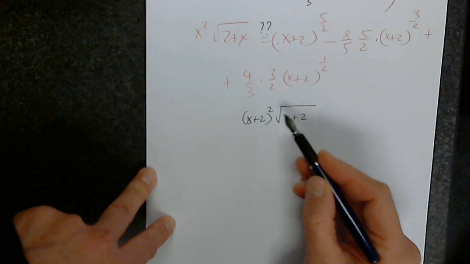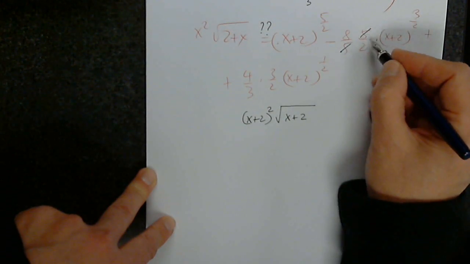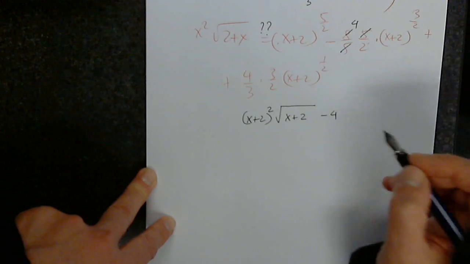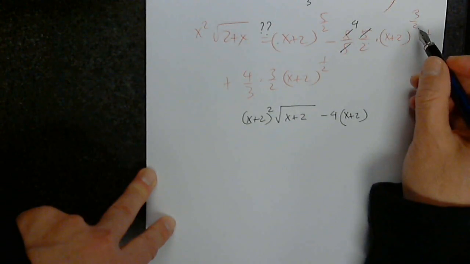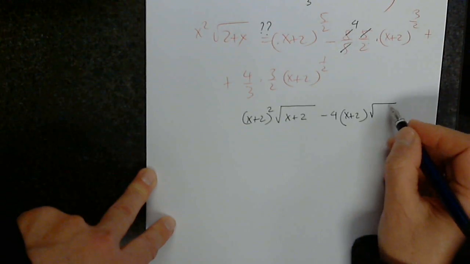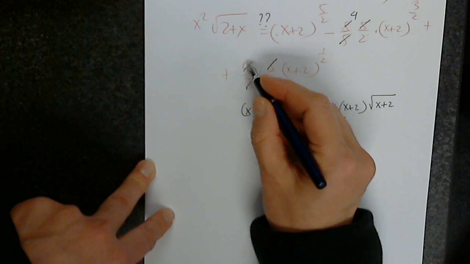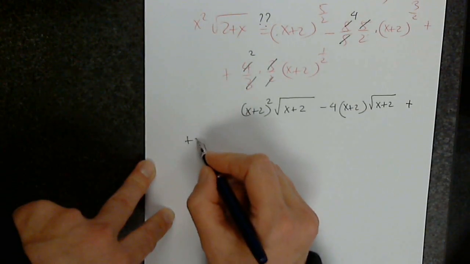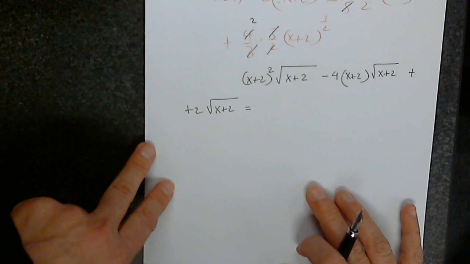Then minus 4, and this will be x plus 2 times the square root of x plus 2. Agreed so far? Plus 2, and this is the square root of x plus 2. So far so good? Yes.